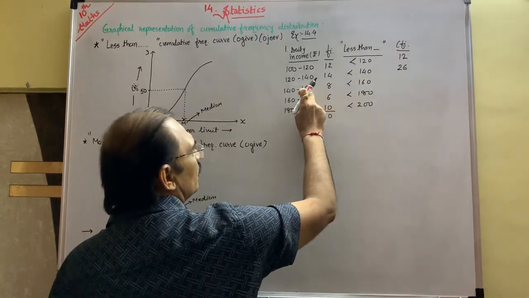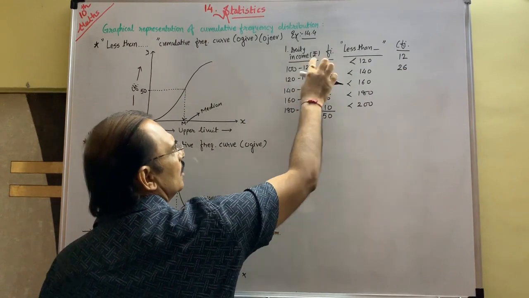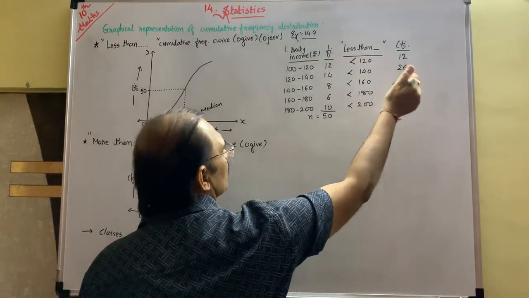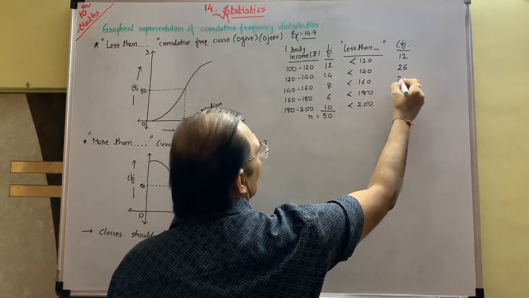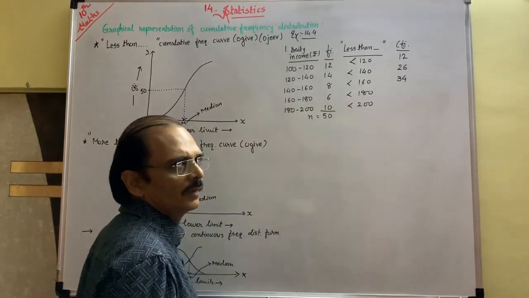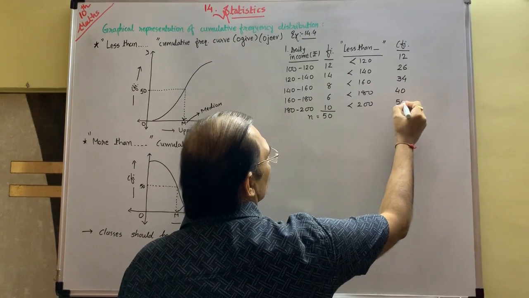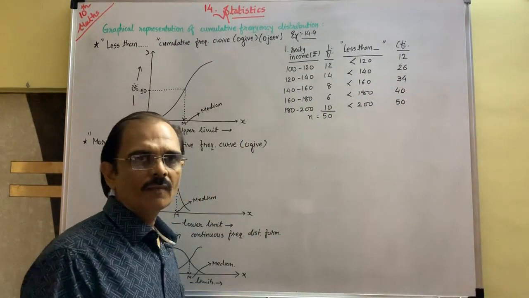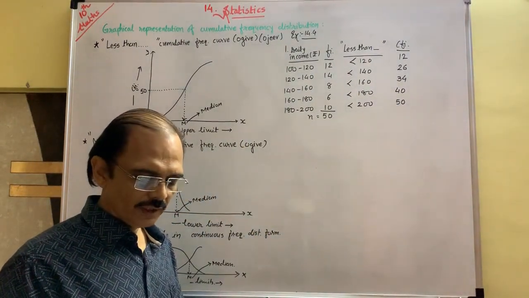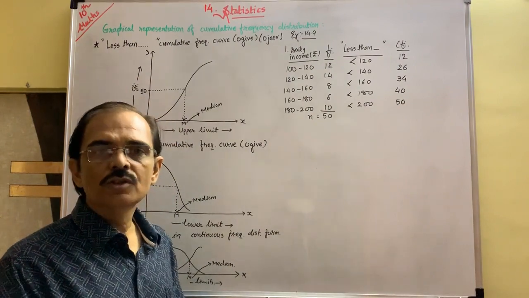Less than 160, 26 plus 8, 34. 34 plus 6, 40. 40 plus 10, 50. Now the second question is what? Draw its ogive.